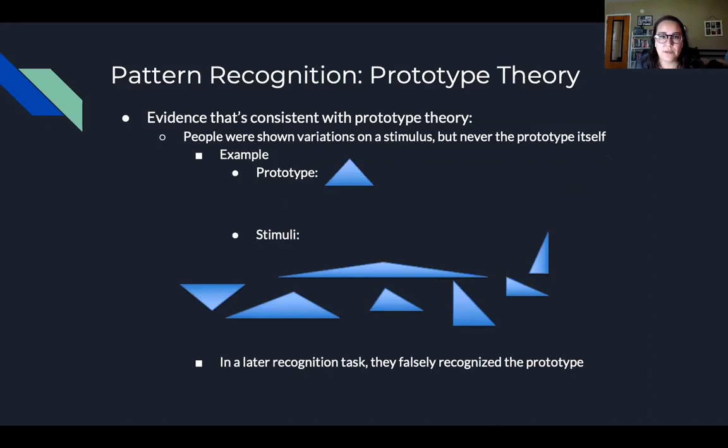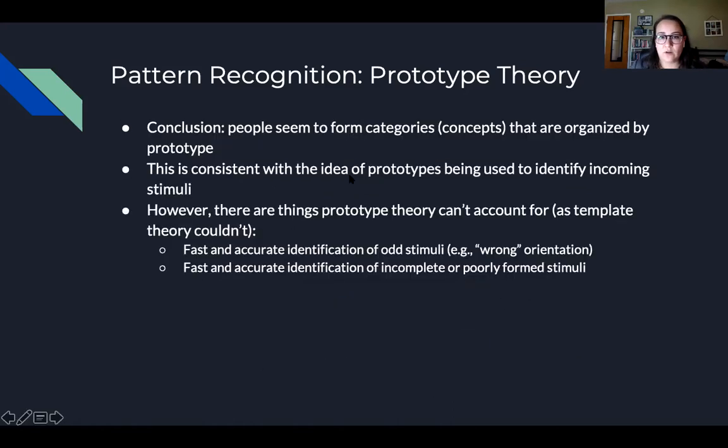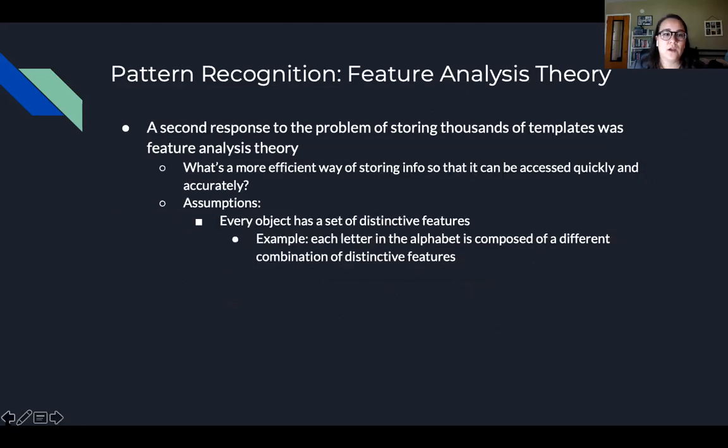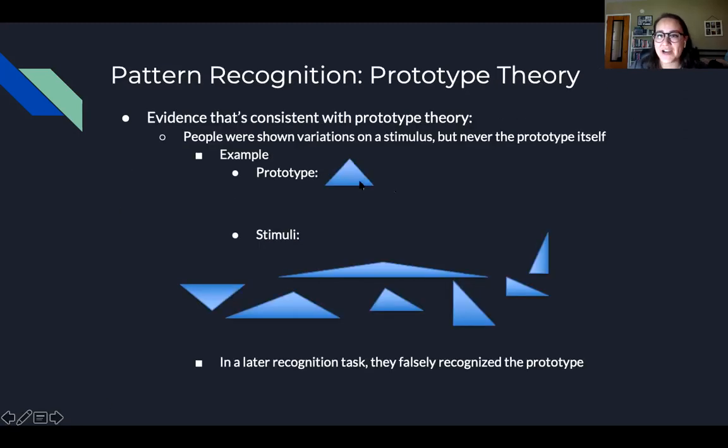Some of the evidence for prototype theory being involved in human pattern recognition has come from studies on humans. In these studies, people were shown a large number of stimuli that were variations on the prototype. As an example, they're shown this triangle.